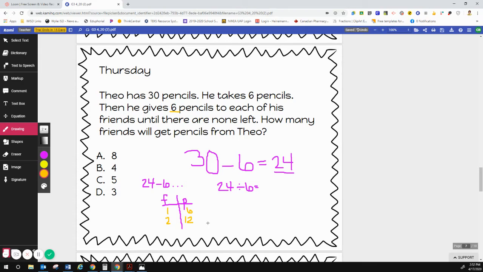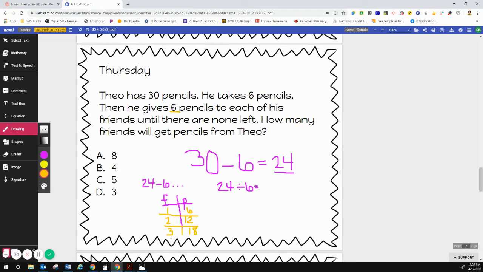All right, so hopefully you've had time to solve that. Got 24 divided into groups of 6. Thinking about the relationship that we did, I could keep going. I still have pencils I can give away. I've only given away 12 pencils, and I need to give away 24 of them. So I can make another group of pencils for friends. And that would be 18.